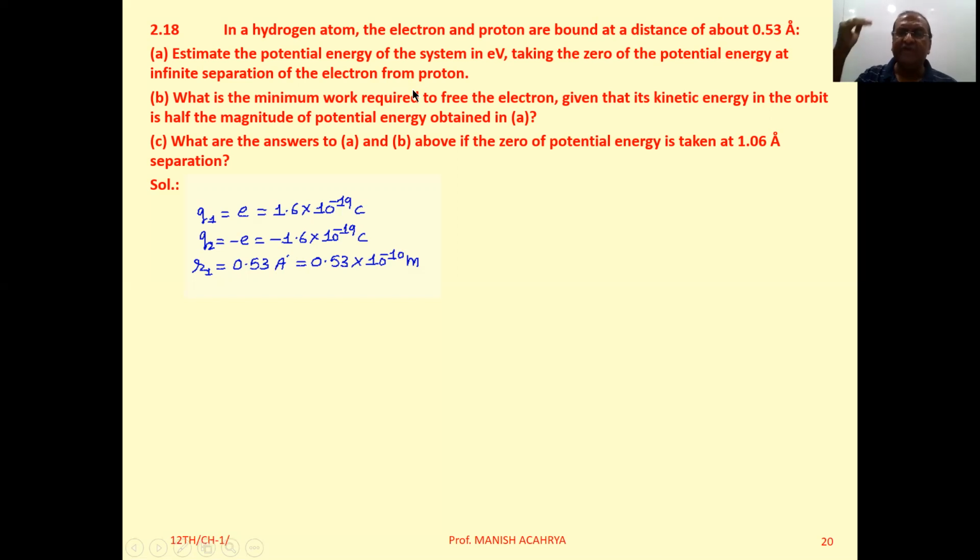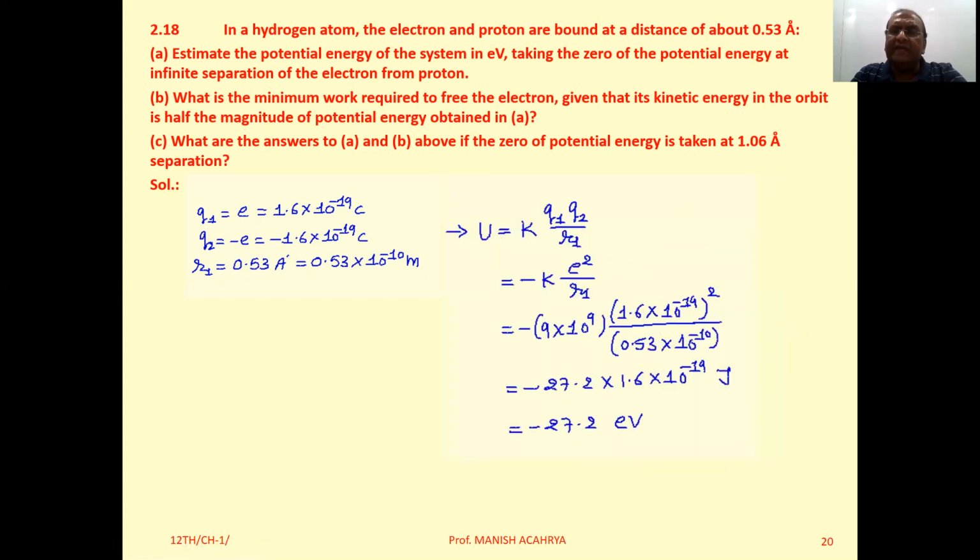Now, in the first case, we have to take the zero of the potential energy at infinite. So whatever is the total work done to assemble this system is stored in it in the form of potential energy. And for that, in theory, we already derived the equation, that is K Q1 Q2 upon R12. So we can write U equal to, now Q1 Q2 is plus e and minus e, so our equation of potential energy will be minus K e square upon R1.